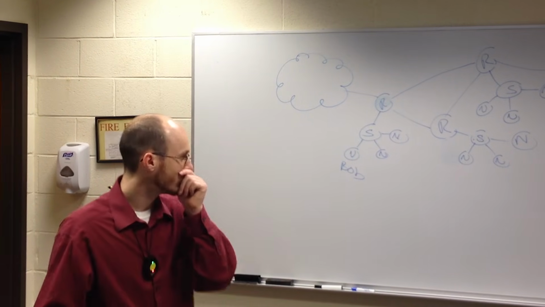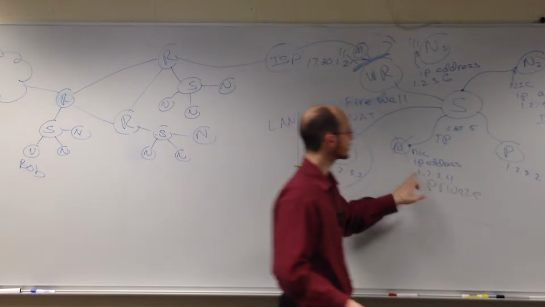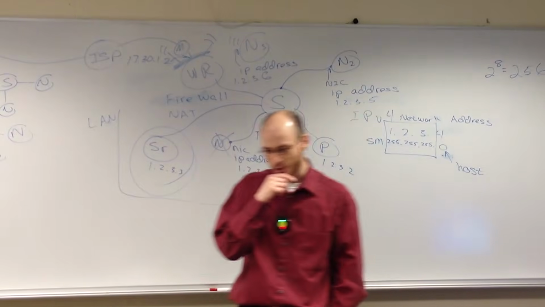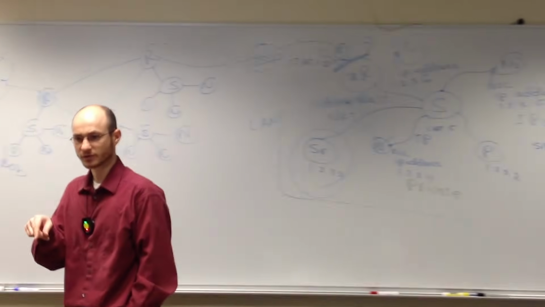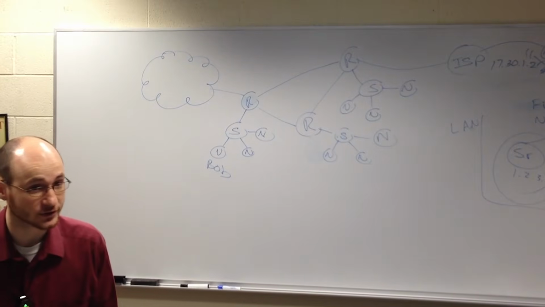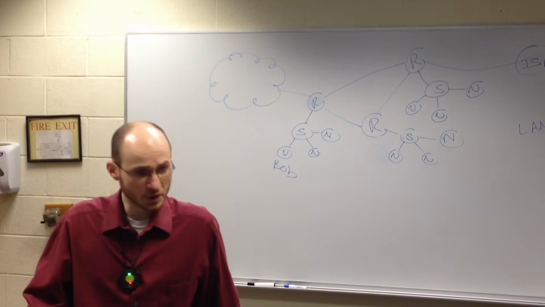Now wait a minute. I said in order to pass messages around, we use IP addresses. But when we type into our computer, more importantly, into our web browser, do we type in numbers? No, we type in domains.